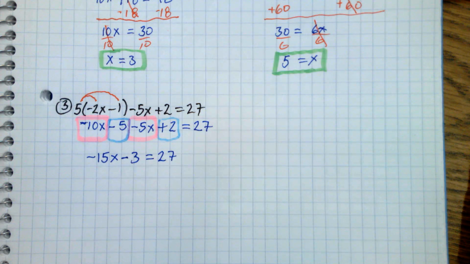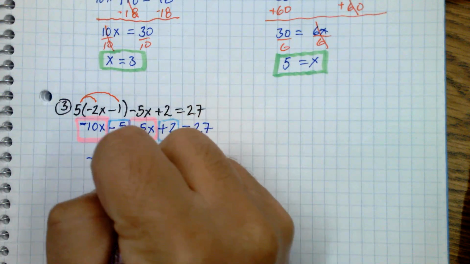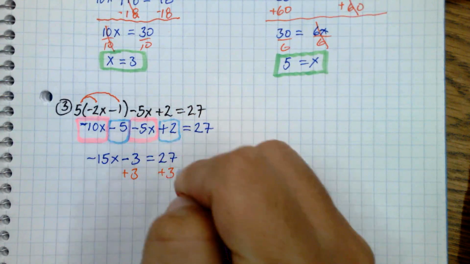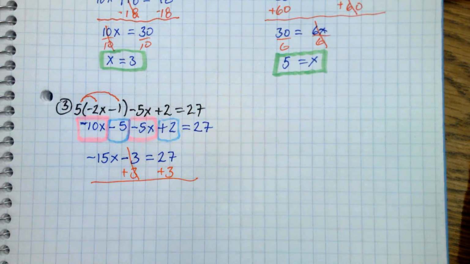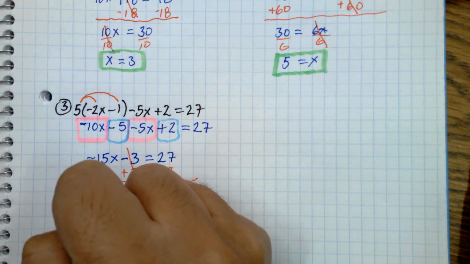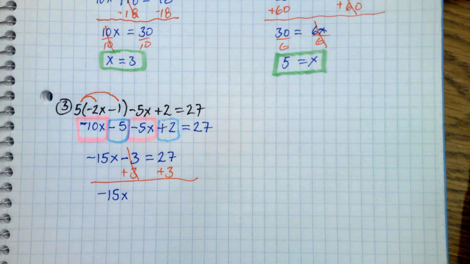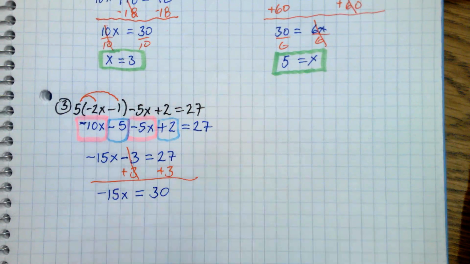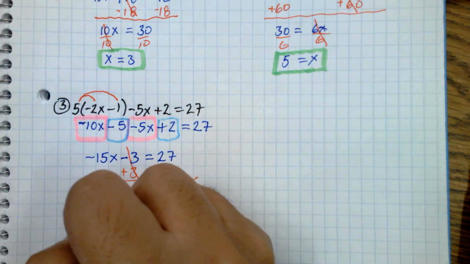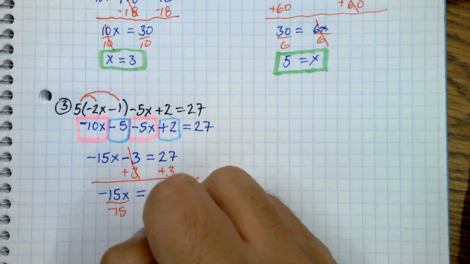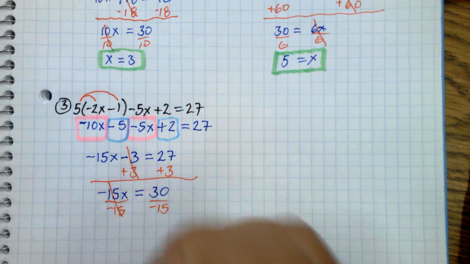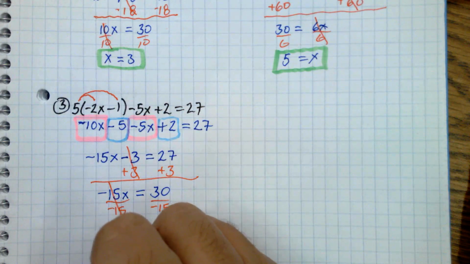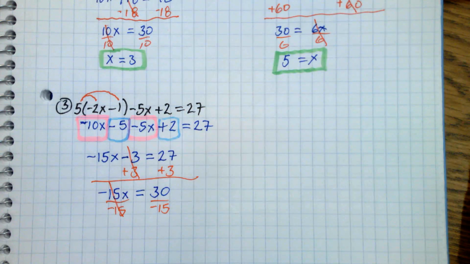Okay. All right, now we got a two-step equation. So let's get rid of our 3. And we get negative 15x. 30 divided by negative 15.